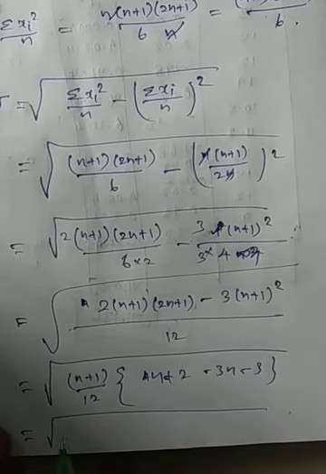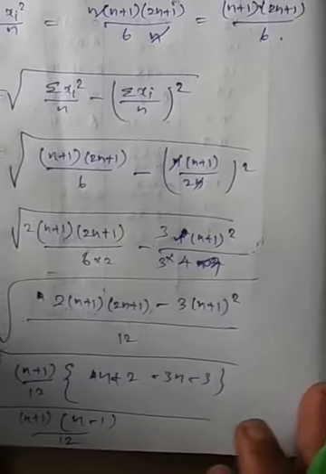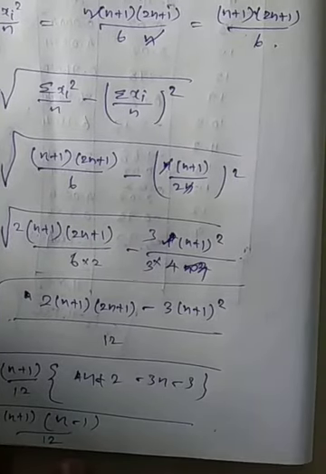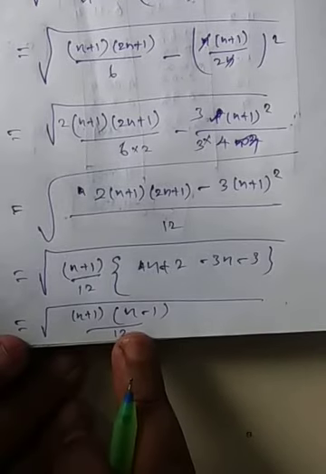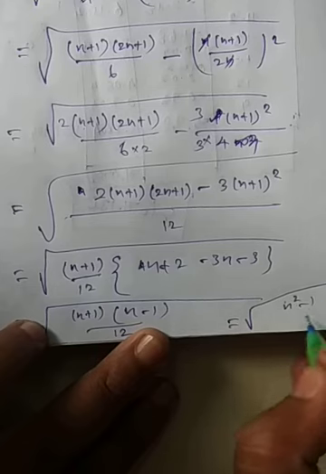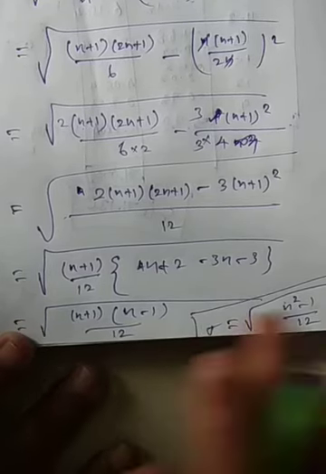Therefore here square root of n plus 1 into 4n minus 3n is n, 2 minus 3 is minus 1, divided by 12. So we are getting here a plus b into a minus b. What is the formula we are getting? Square root of n square minus 1 by 12 will come. That is your sigma value for n natural numbers.